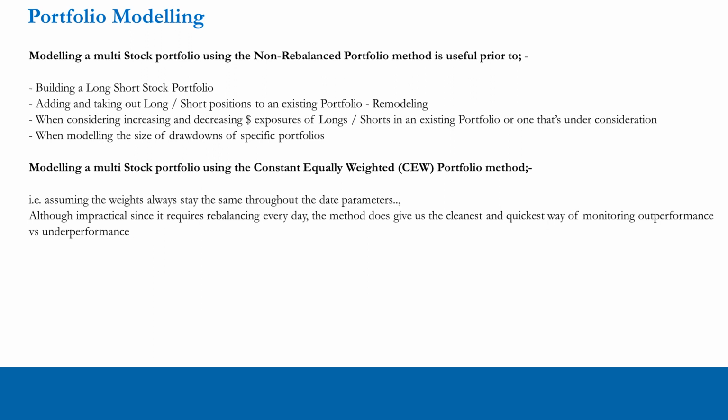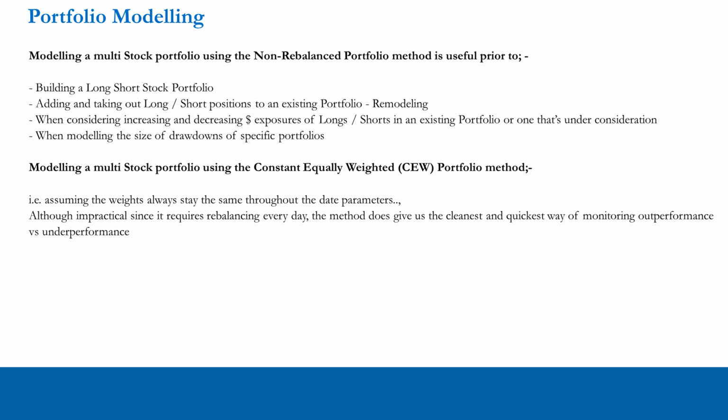When we're modeling a multi-stock portfolio and we're using the constant equally weighted, the CEW portfolio method, we have to assume that the weights always stay the same throughout the date parameters that we've chosen.